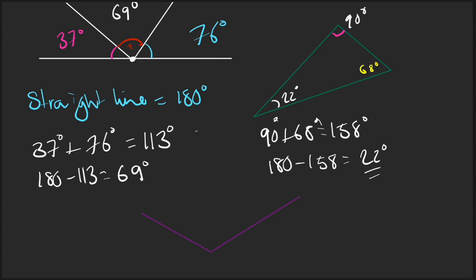There we go. That's 110 degrees, and that's B. So angles at a point always add up to 360 degrees.